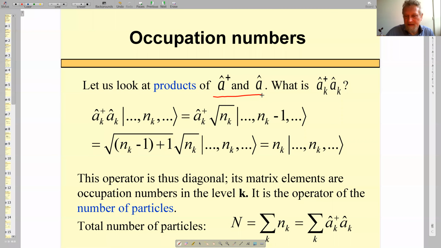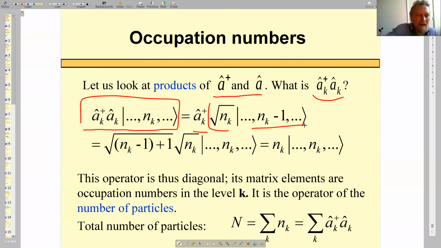Let's compute what is, for instance, a dagger a. How do we do this? Well, we just plainly apply the operators. So I apply annihilation first. I get a square root and one particle less. And then I apply this.